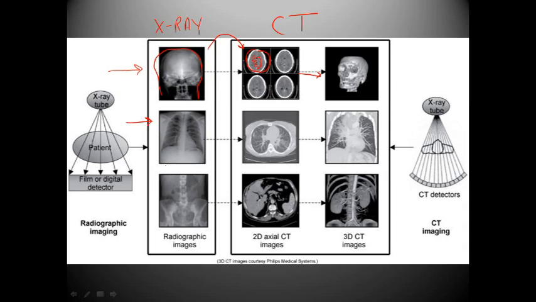chest X-ray here, and notice that we can see some of the lung markings. We can see the clavicle, we can see the ribs, the heart, the trachea, but we can't see any more detail than that.